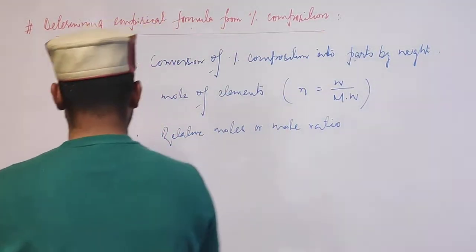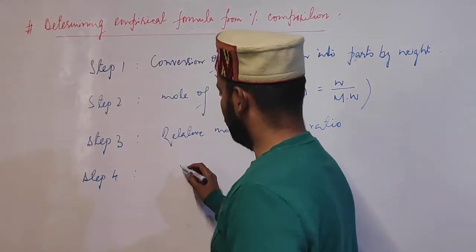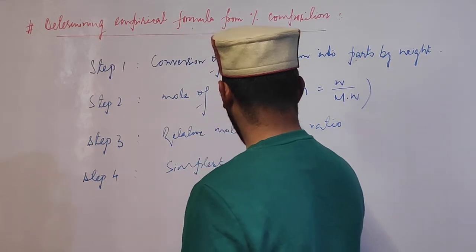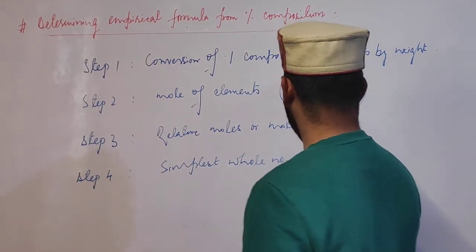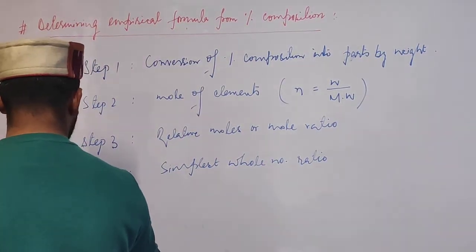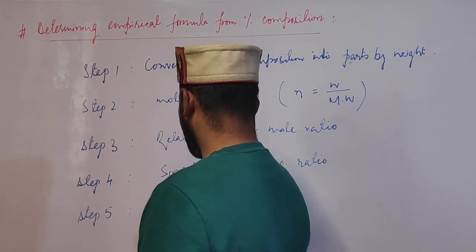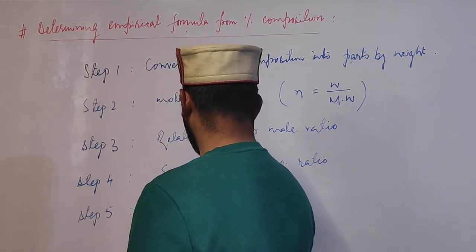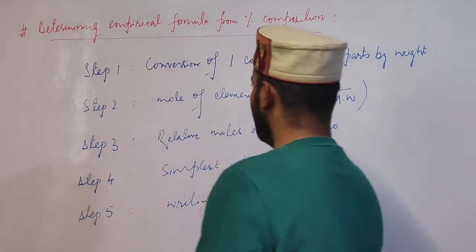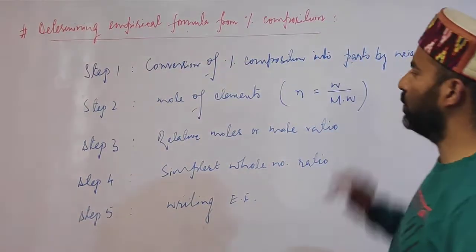Now this will give mole ratio. Now students, then we will find what? Simplest whole number ratio. Simplest whole number ratio. And students, step 5 would be what? We write empirical formula. So last step is writing empirical formula. So this is how we find empirical formula from percentage composition.